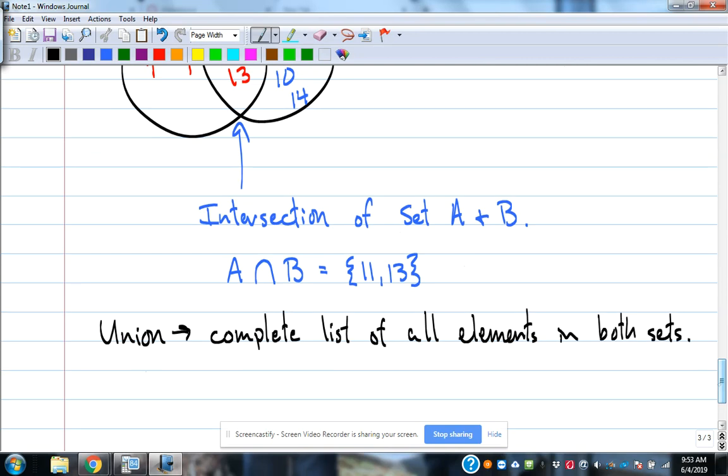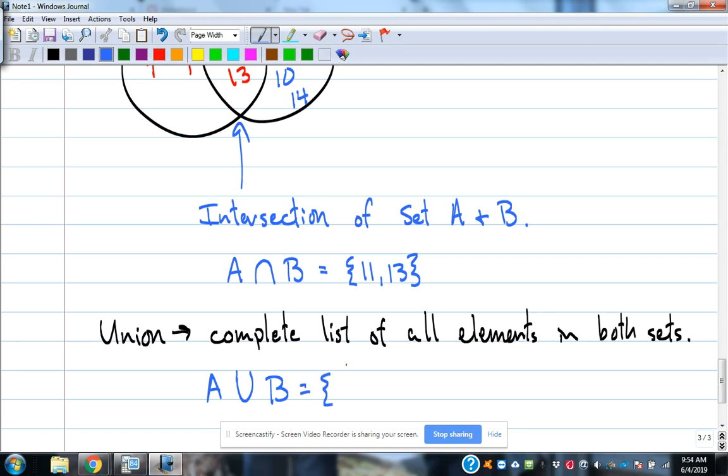So the notation for union, I think, is the easiest one to remember. Intersection is that upside down U. Union is A, and then it's a U. It really is a U. A union B, and you just list out all those elements.